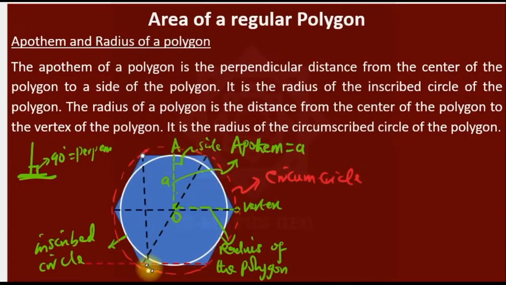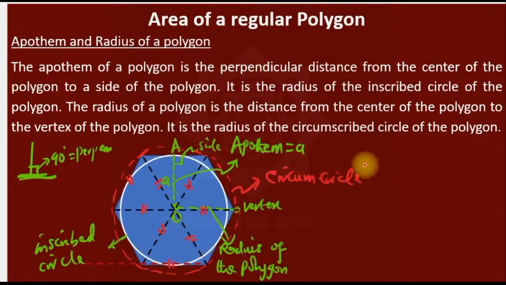We're almost done. So what do you notice? We have 6 equilateral triangles, because this is a regular polygon, so equal sides. This is the radius. We have 6 equilateral triangles here.